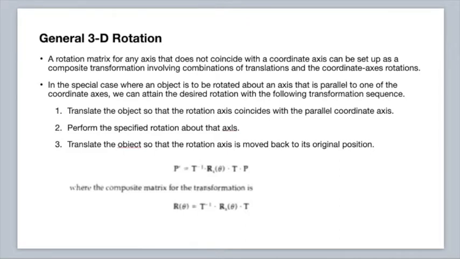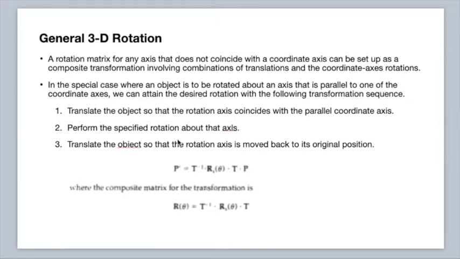First, translate the object so that the rotation axis coincides with the parallel coordinate axis. Then perform the specified rotation about that axis, and then translate the object so that the rotation axis is moved back to its original position. So first a translation, then a rotation, and then again a translation.